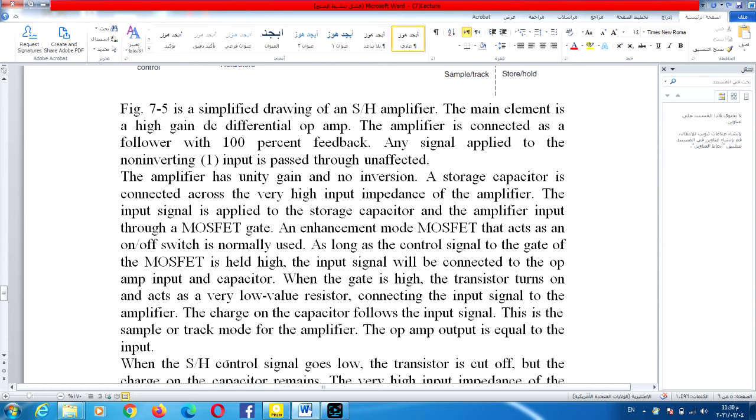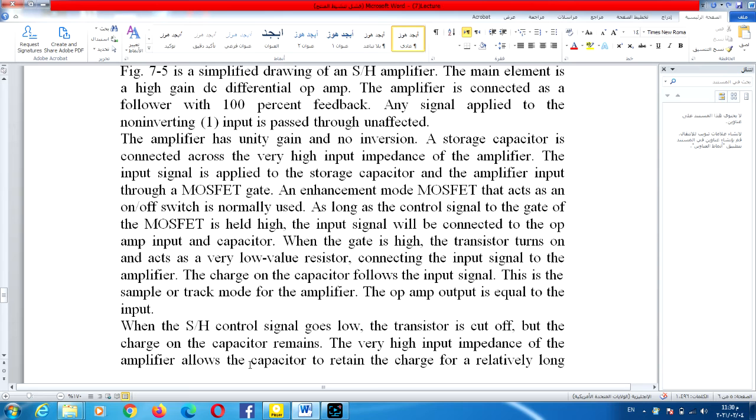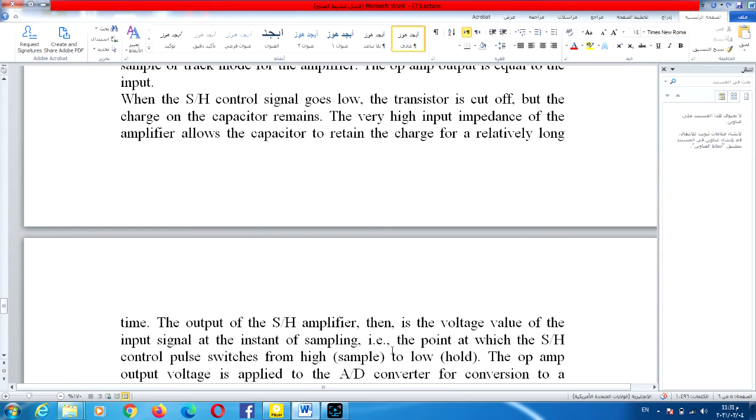When the SH control signal goes low, the transistor is cut off, but the charge on the capacitor remains unchanged. The very high input impedance of the amplifier allows the capacitor to retain its charge for a relatively long time.